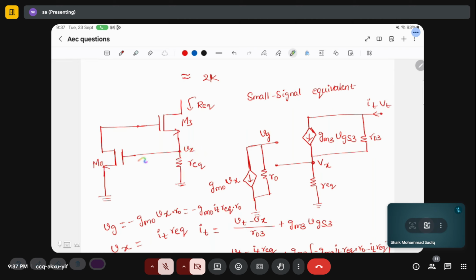This Vx is affecting this M naught transistor. It is inducing a current of GM naught into Vx. That's what you should understand by this.